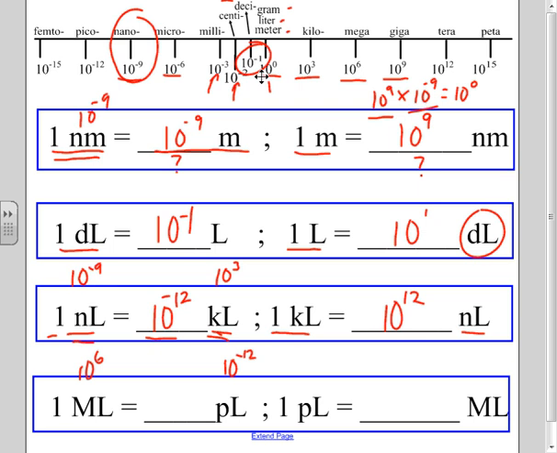That's going to make 10 to the 18th. And if we're going from a larger unit to a smaller unit, then we need a positive exponent. It takes a large number of a small unit to equal a smaller number of a larger unit. And then, of course, on the other side, we're going to a larger unit, so now we need a negative exponent.